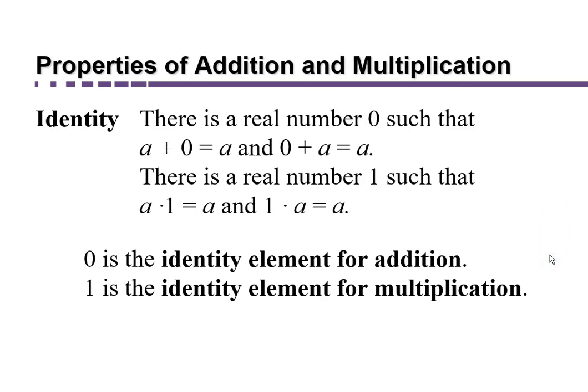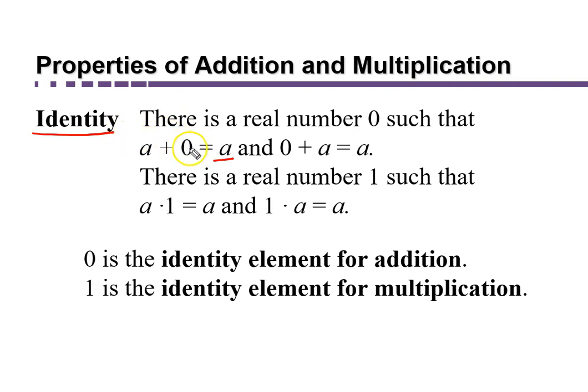Let's continue. Now, another property, one of multiplication, one of addition, is the identity property. Now, there is a real number 0, that's the 0 on our number line, such that when we add it to A, whatever A happens to be, we're adding 0 to A, it's just A. So we call this the identity property of addition.